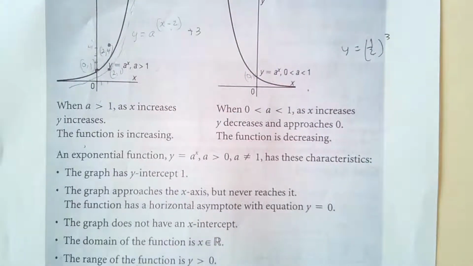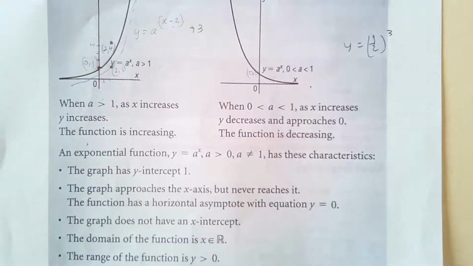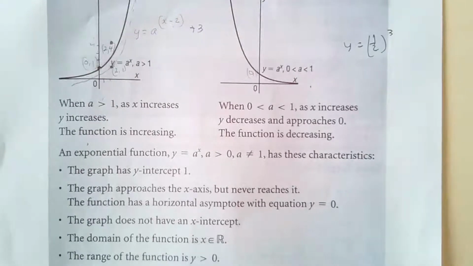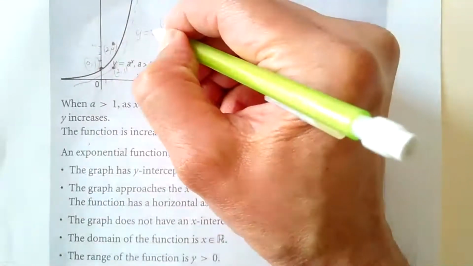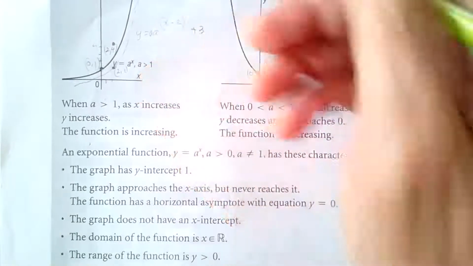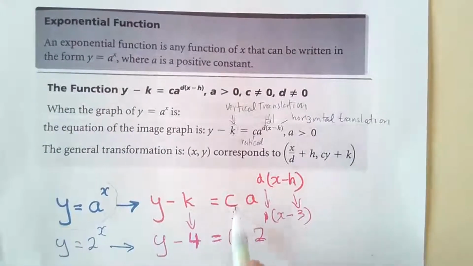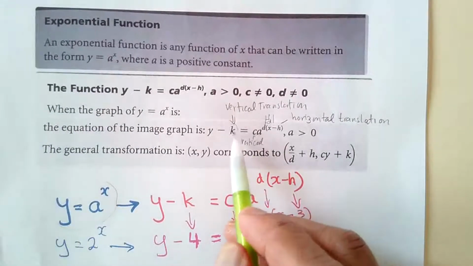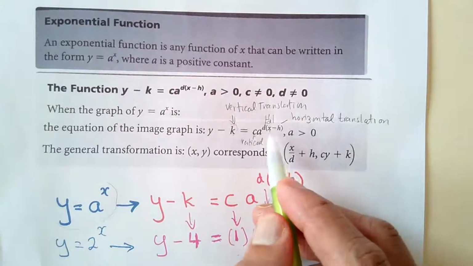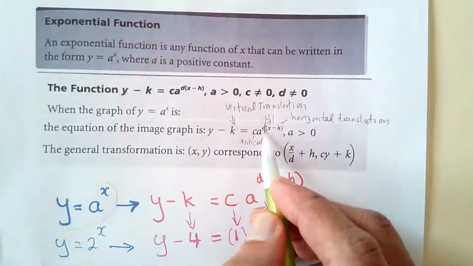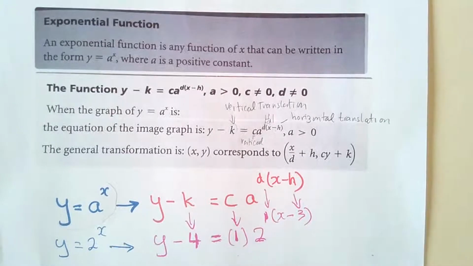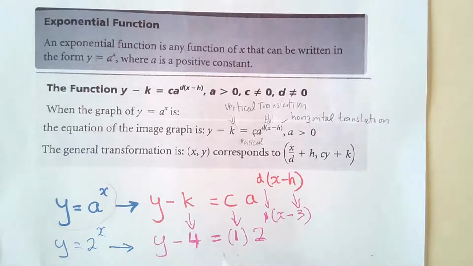Now, if you have a compression or a stretch, that will be the number in front of the a, which is your c. So you go back to here. This is your c, vertical stretch, and your d is your horizontal stretch or compression.